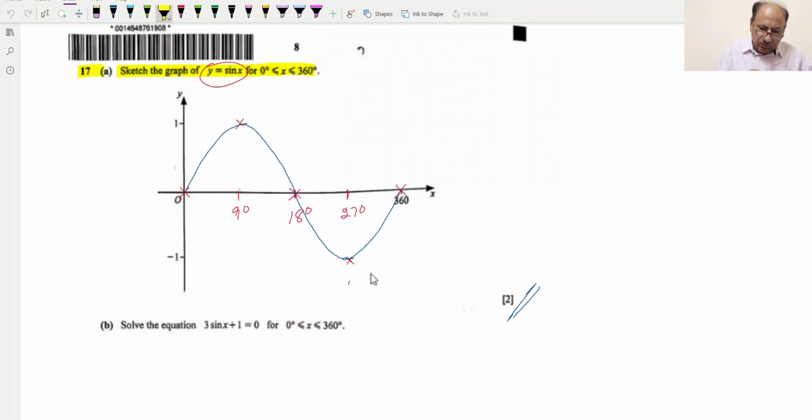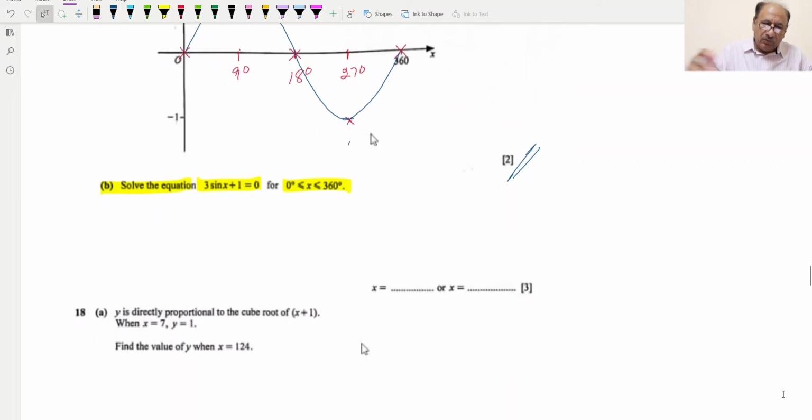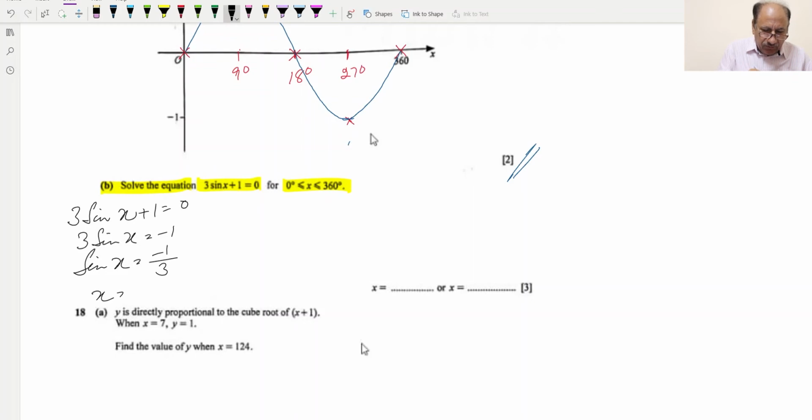Now they are saying solve the equation. This equation is given from 0 to 360 degrees. The given equation we can simplify: 3 sine x plus 1 is equal to 0. So shift plus 1 to the other side. So 3 sine x will be equal to minus 1, and sine x will be equal to minus 1 over 3, and x will be equal to sine inverse of minus 1 over 3.